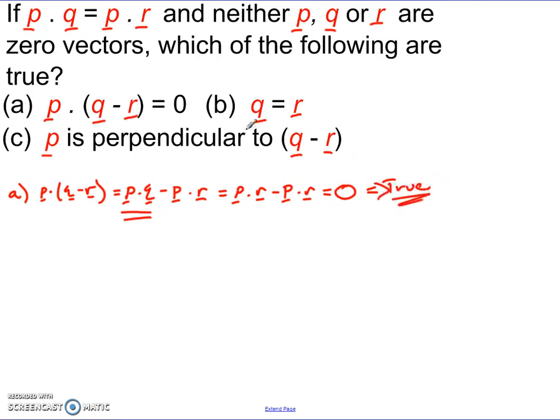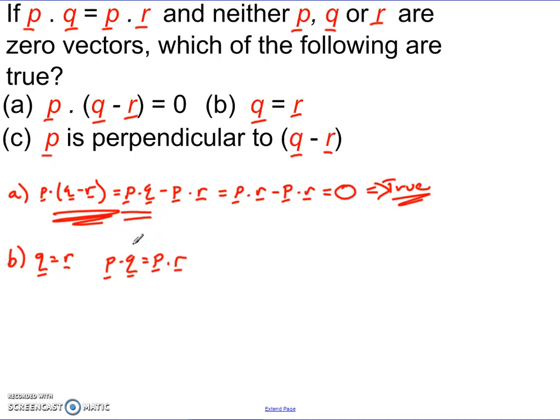It works. What I now want to do is look at B. So B says q equals r. So that's what I want to do. I want to show that q equals r. If it does, then B is true. Well, let's look at the initial property, that p dot q equals p dot r. We're told that at the start. Now, p is going to be the same vector in both, regardless.